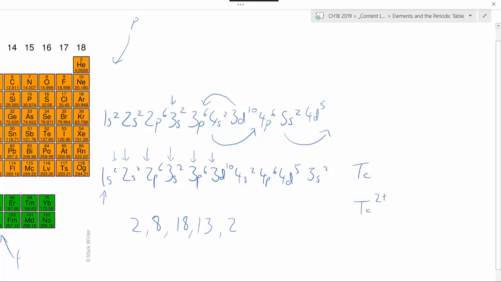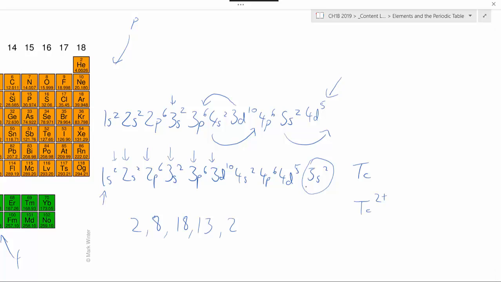You may remember, we can see up here, these were the last electrons we put in. But if we are going to 2+, we need to take off 2 electrons. We don't take off those 4d electrons. Even though they were the last ones in, those are not the ones that disappear. The ones that disappear are the ones in the 5th shell, the ones that are furthest away from the nucleus.